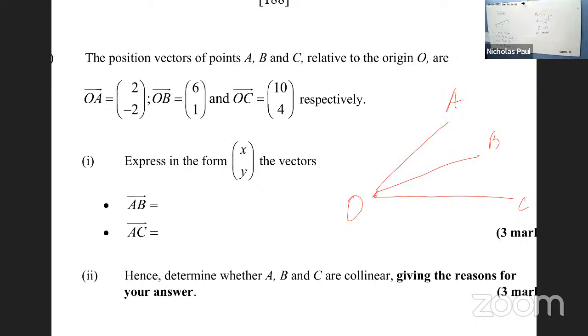Remember to show collinear. You need AB, BC, and AC. Right? You need AB, you need BC also, and you need AC. And follow the steps I gave you on the board.